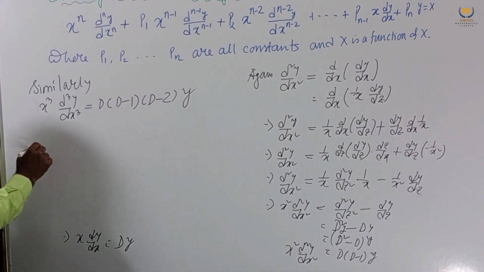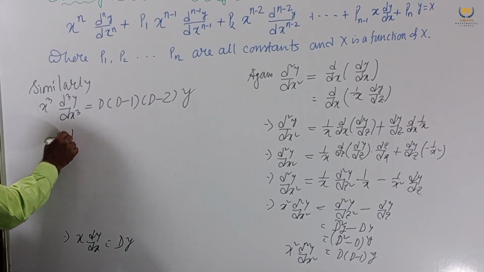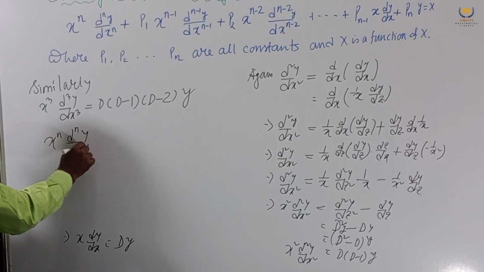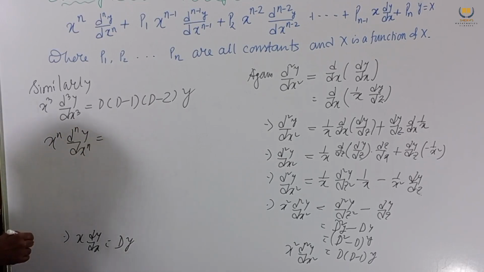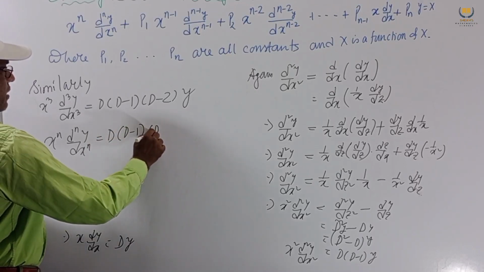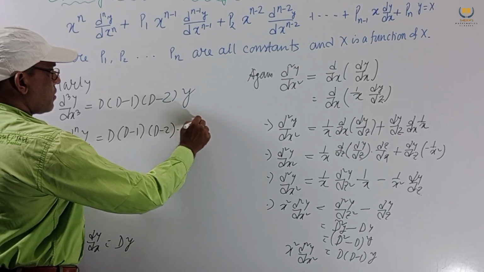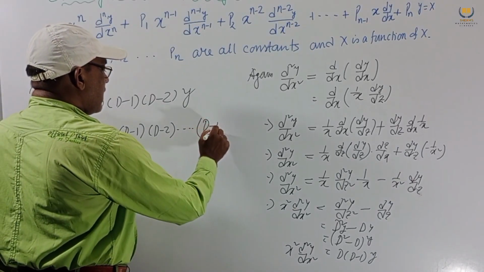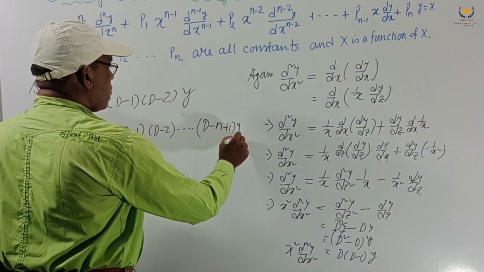And if we write x^n d^ny/dx^n, then we get D(D minus 1)(D minus 2) ... (D minus n plus 1) y.